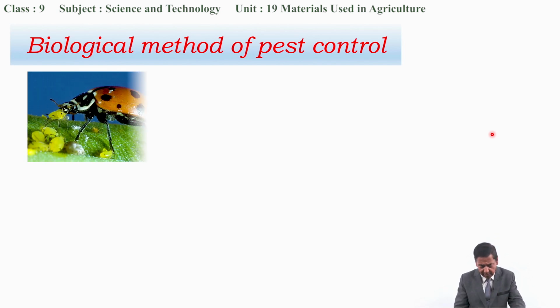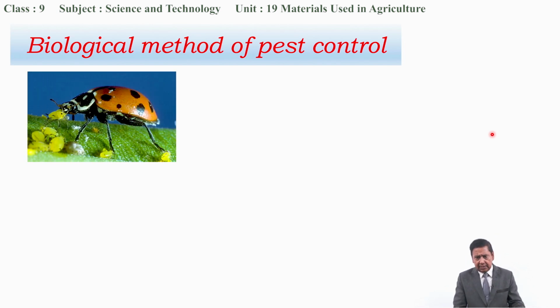Just for example, look at this. This is a ladybird. The ladybird is feeding on this scale insect. Scale insect means the insect which appears on the surface of the leaf and the soft part of the plant and stem.